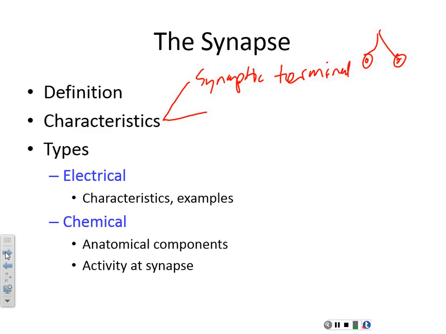It's the gap between the two, which we call synaptic cleft, right? And then after the cleft will be the postsynaptic membrane, which when we did muscles we called it motor end plate, right? Motor for muscle, motor end plate, but simply the postsynaptic membrane.